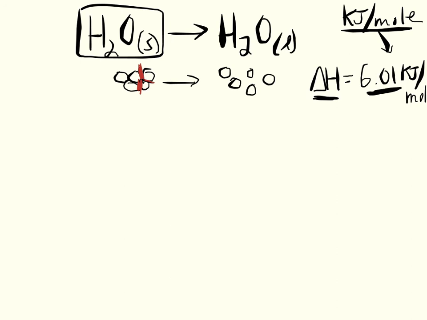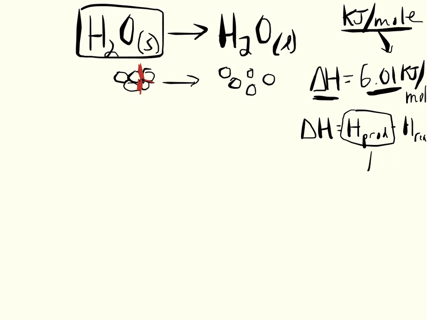Okay? And this makes sense. This value is positive, 6.01. That means, since the change in enthalpy is the enthalpy of the products, your final conditions, minus the enthalpy of the reactants, the enthalpy of the products must be greater than the enthalpy of the reactants.